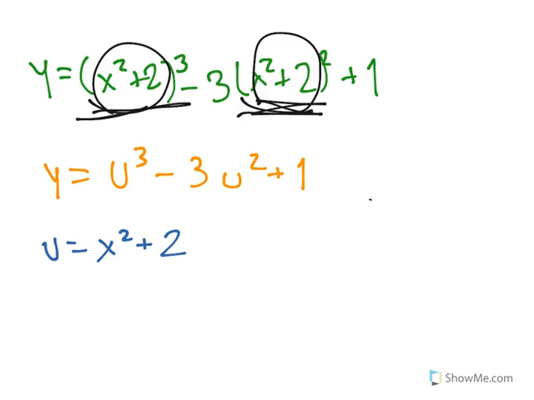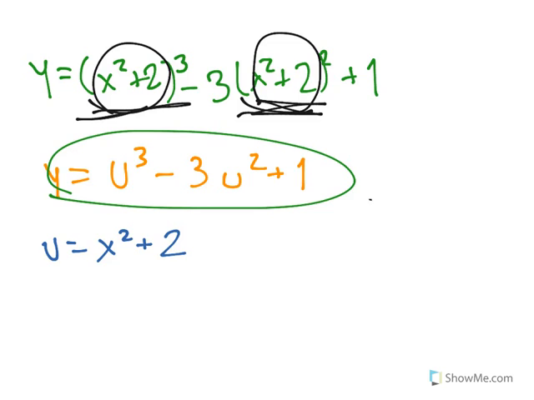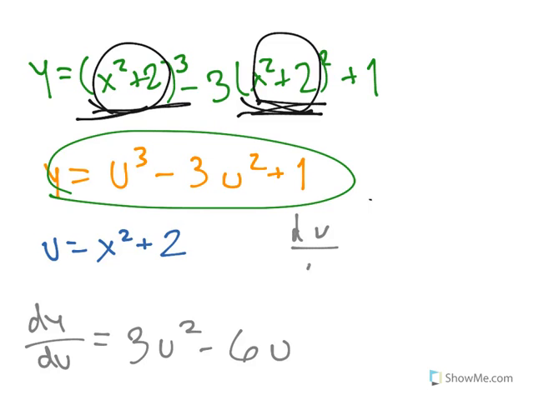So to get the derivative of y with respect to u, we just do like we always do. We just get the derivative of it. And so dy over du, we find to be 3u squared minus 6u. And du over dx, well, that's easy as well.